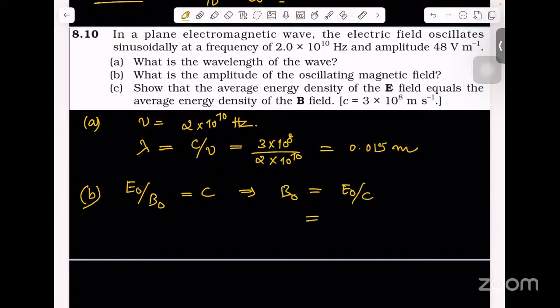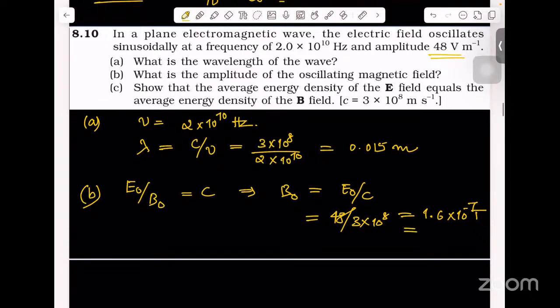And E naught is given to us as amplitude is 48. 48 upon your c, which is 3 into 10 raised power 8. So it is 16, or you can write 1.6 into 10 raised power minus 7 teslas, right? Or 0.16 micro teslas. Okay.